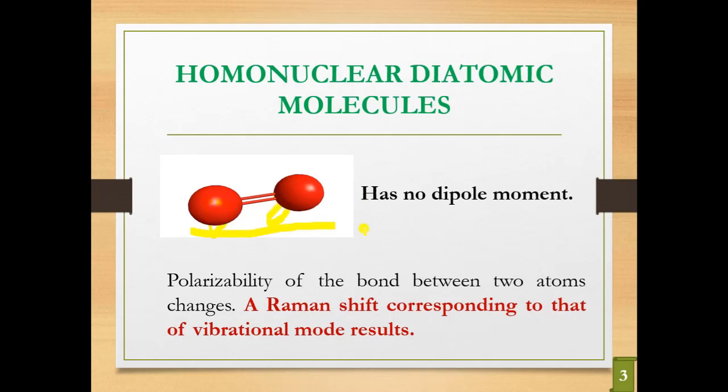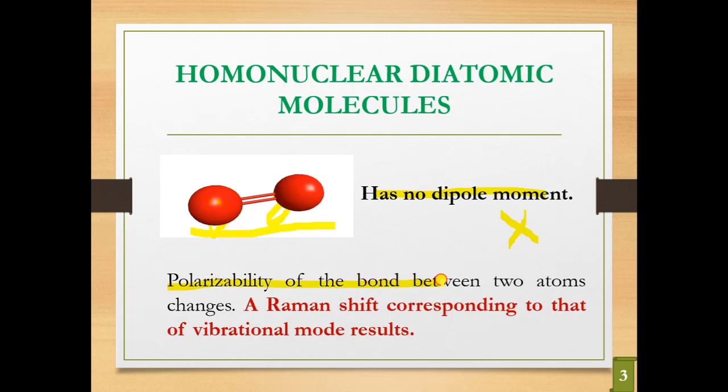Like O2, hydrogen, chlorine, fluorine, or any homonuclear diatomic molecule has no dipole moment. No dipole moment means no IR activity, so these compounds are IR inactive.